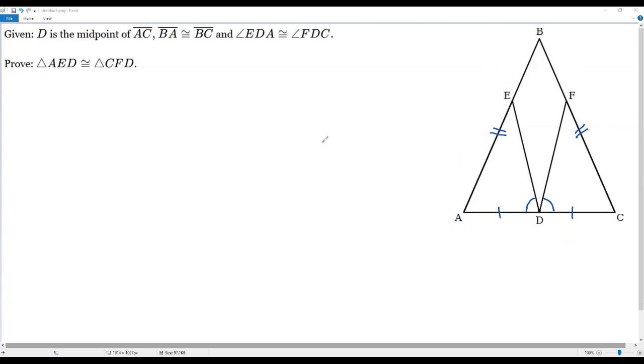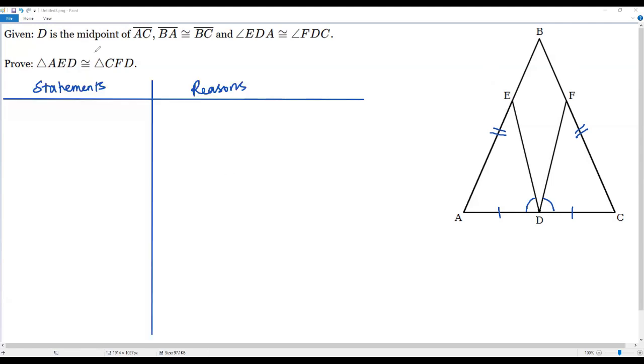Okay, now we can start proving that the triangle AED is congruent to triangle CFD using two-column proof. Now let me write the required stuff. Here I have taken two columns. In the first column I am going to write the statements. In the second column I am going to write the reasons. Now let me write the given information as statements over here.